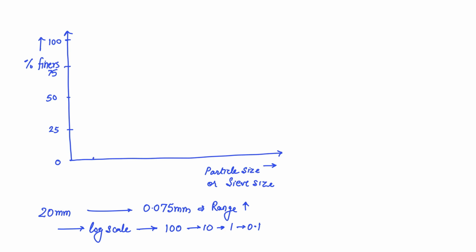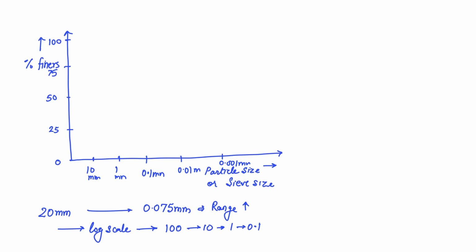So let us plot here: this is your 10 mm, after that 1 mm, after that 0.1 mm, then 0.01 mm, and after that 0.001 mm. If you use a log scale, you can show a large range of values on the x-axis.